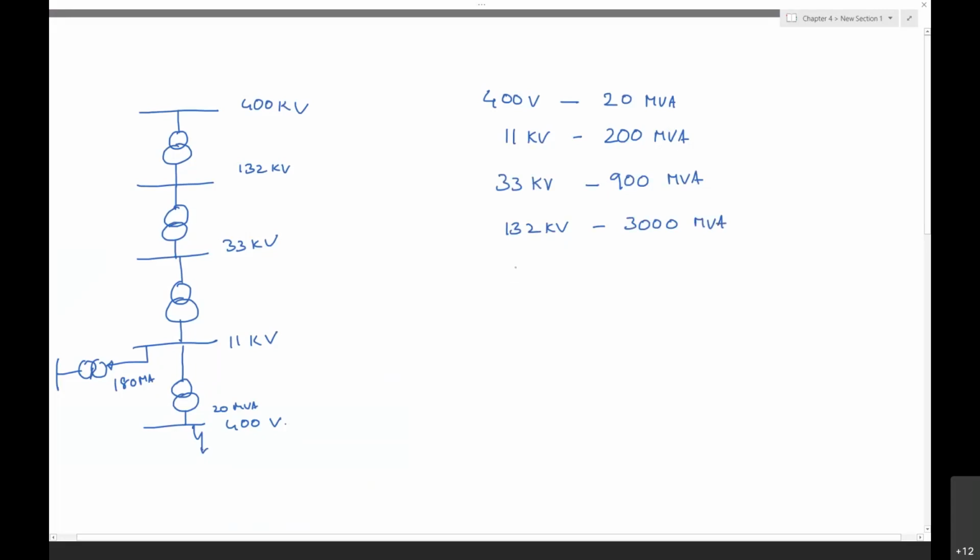At the 400 kV line, the power rating is around 17,000 MVA.